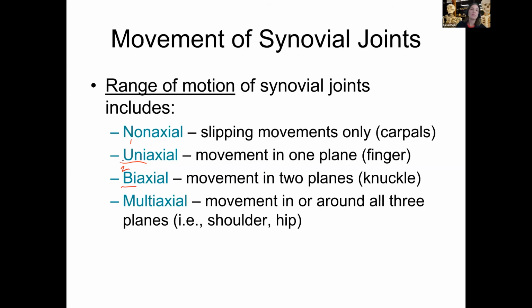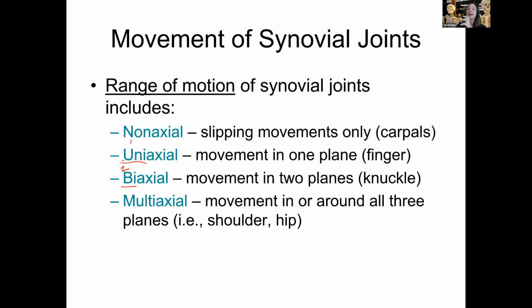Now biaxial, bi means two. So this would be when you can take a synovial joint and you can move it in two planes. So a good example of that is going to be this joint here in my finger. This is called the metacarpophalangeal joint, right? Because it's between the metacarpals and the phalanges. And this joint, I can move in that direction or in that direction.